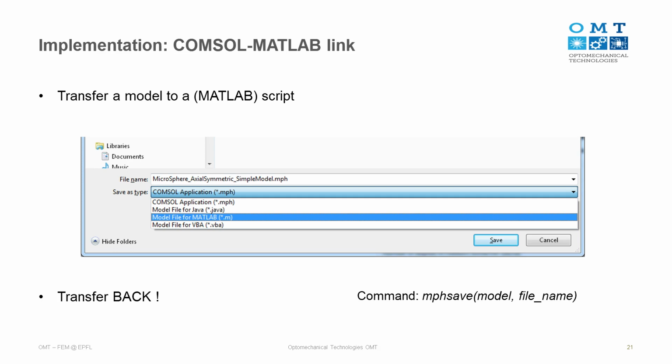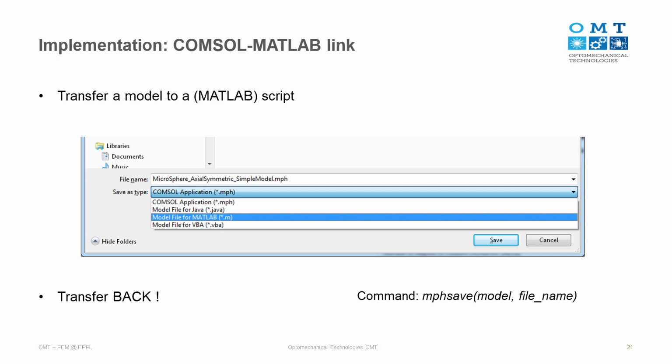That's it. And the other side is that now you have the script in MATLAB, and somehow by mistake, maybe you typed something wrong, and then you want to see the consequence in the software. So how do you transfer the model back? There's one command among tons of commands that you can use.